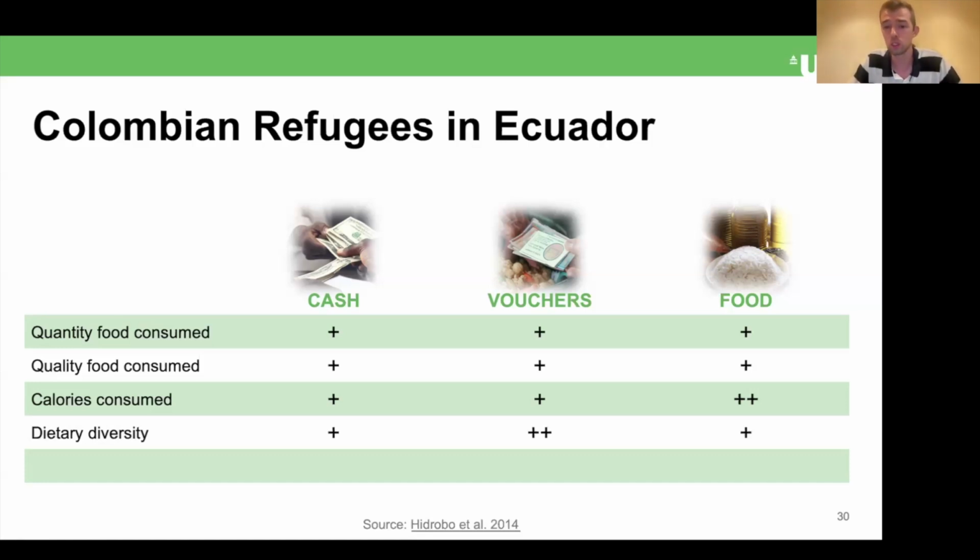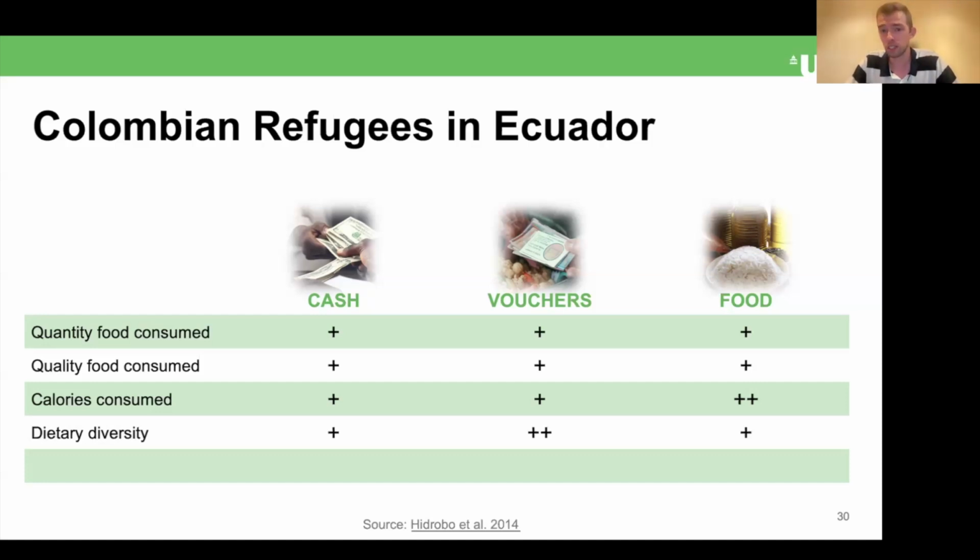Okay, the modality in which only vouchers for food were given. So here you can see how different modalities might have very different impacts depending on what you're measuring exactly. So vouchers and food seem to be a little bit more effective in diversity and calorie increase respectively.